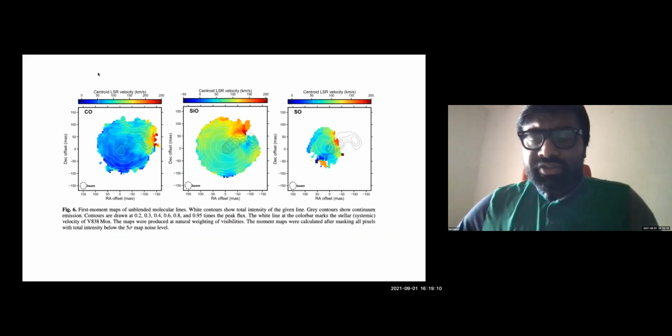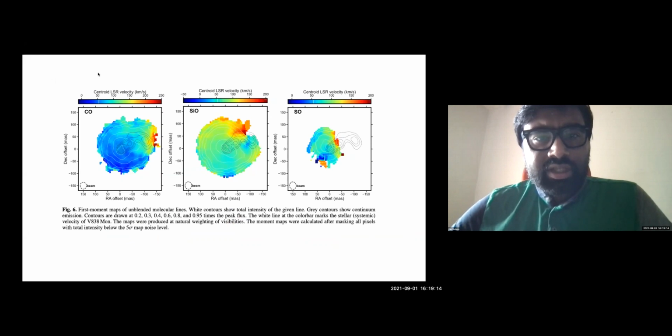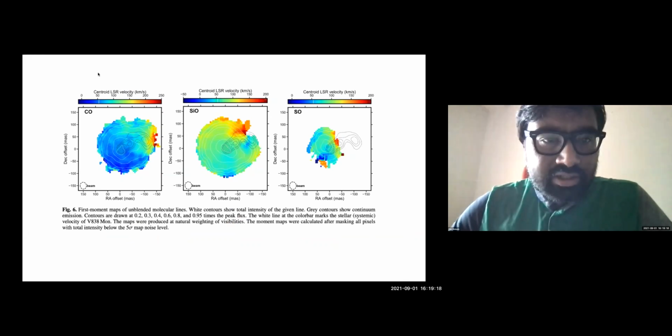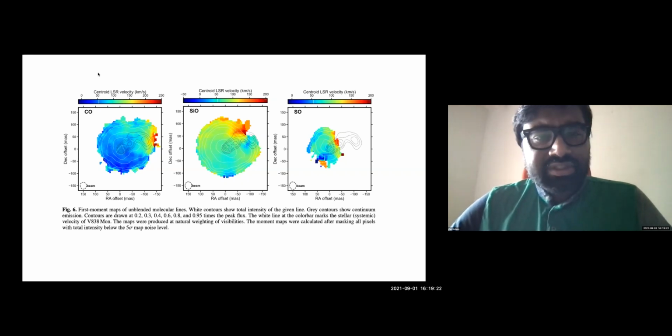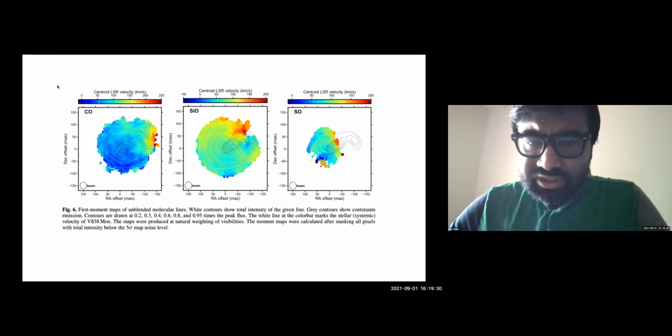And that we think has to do with interactions between the molecular ejecta and the B-type companion. So it's probably accelerating it and causing this asymmetry in the velocities.